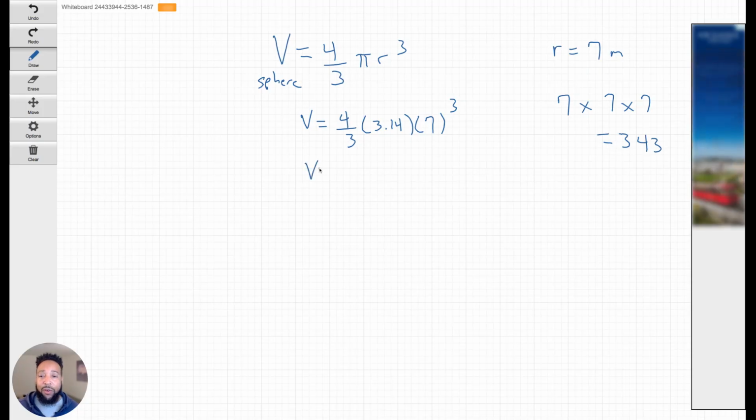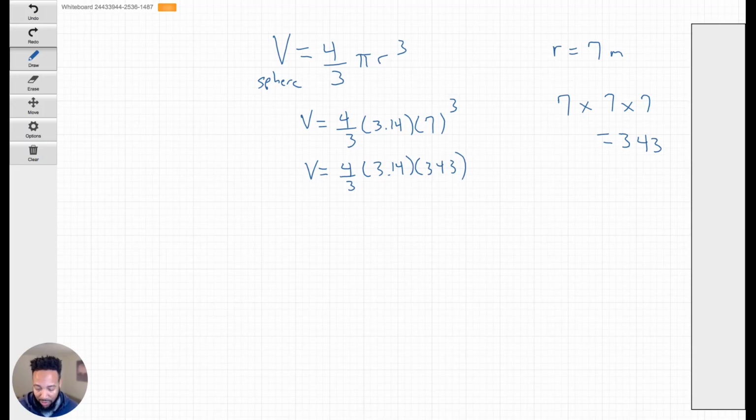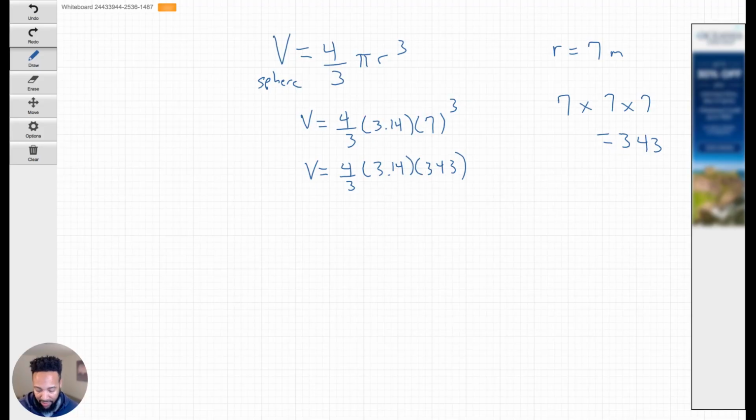So again, we write down our equation with all of our numbers. Volume equals 4/3 times 3.14 times 343. So we take 343 times 3.14 times 4 divided by 3.